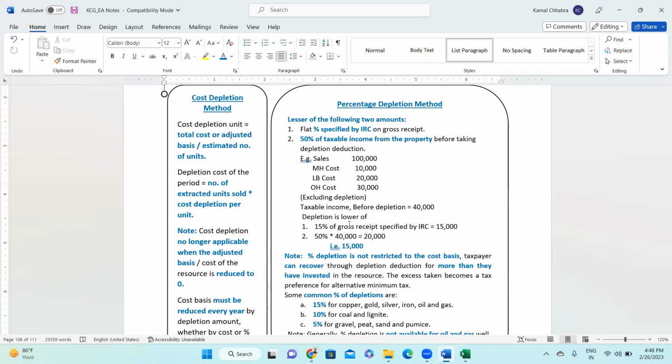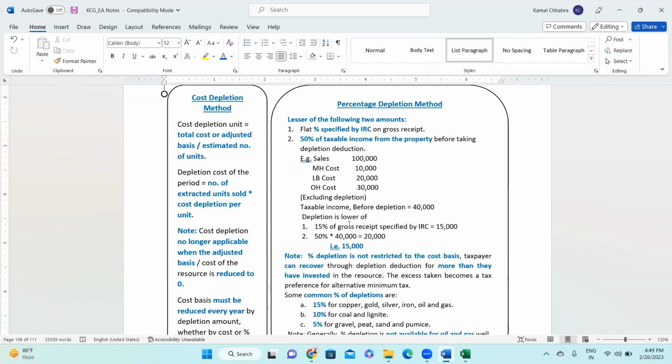Like in India earlier, in the Companies Act, there was a defined percentage for depreciation, but nowadays it's more on an estimation basis. But in income tax in India, certain percentages are defined for the respective category of item to depreciate. Same way, IRC also provides certain percentage on a gross receipt basis, that is on the sales basis.